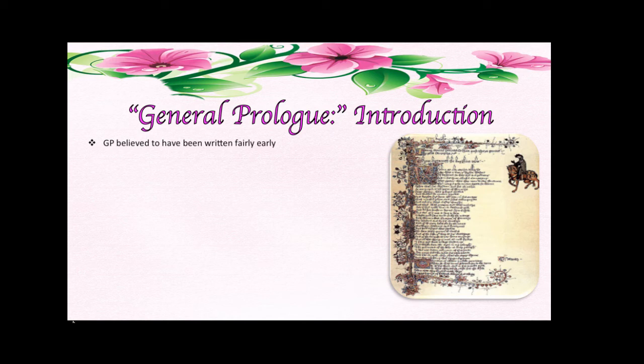Now, the Canterbury Tales is a story collection, and story collections were very popular at this period in medieval Europe. Most story collections do open with some type of a prologue, like Chaucer's General Prologue.